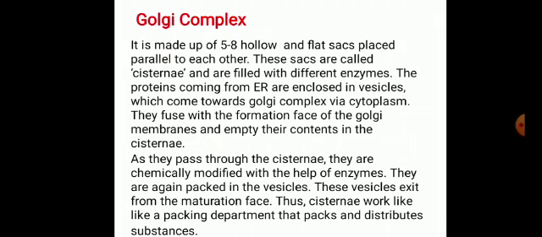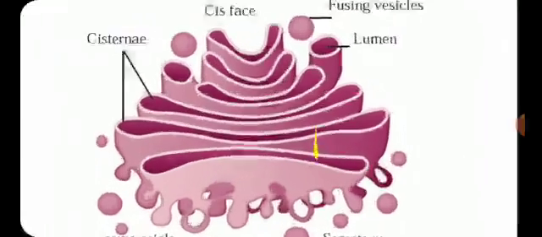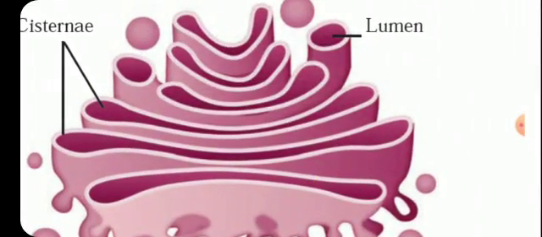Golgi complex is made up of 5 to 8 hollow and flat sacs placed parallel to each other, and these sacs are called as cisternae. Do you see here? There are 5 to 8 hollow flat sacs placed parallel to each other. It looks like flattened balloons.